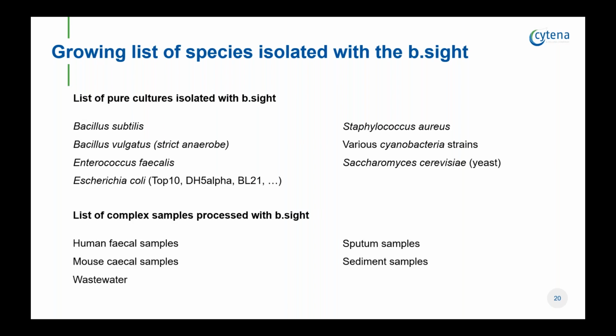Since cell detection is entirely label-free, the B.SIGHT is a great tool to isolate organisms from highly complex samples, such as diverse microbiota or environmental samples. The instrument was applied to gut microbiota from human or mice, but also to environmental samples, such as wastewater or sediment samples, as well as to clinical samples, such as sputum.